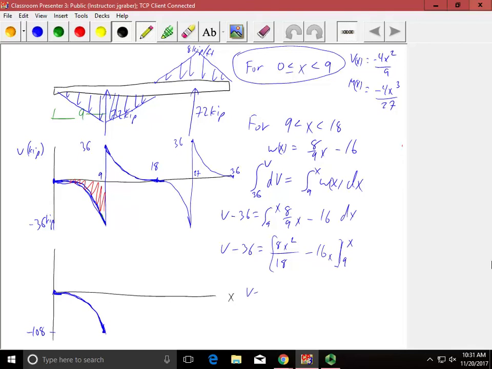That's with me plugging in x. And then it's minus, we plug in 9 for all of those: 8 times 9 squared over 18 minus 16 times 9.